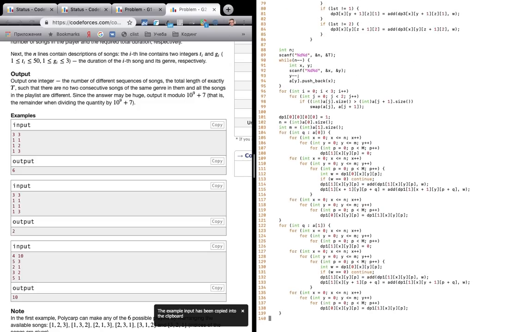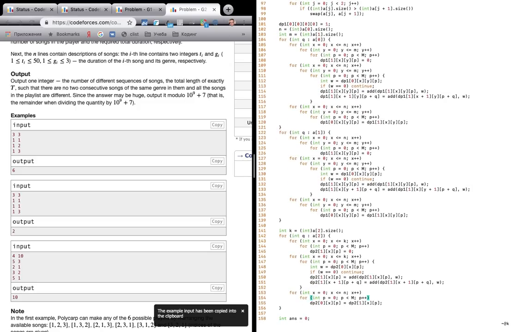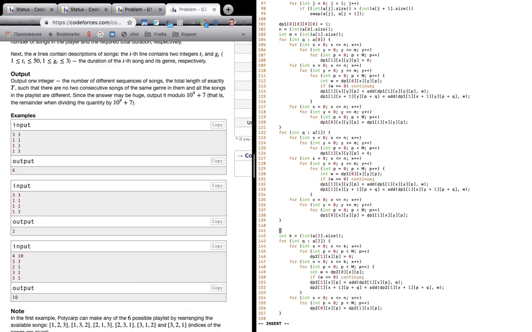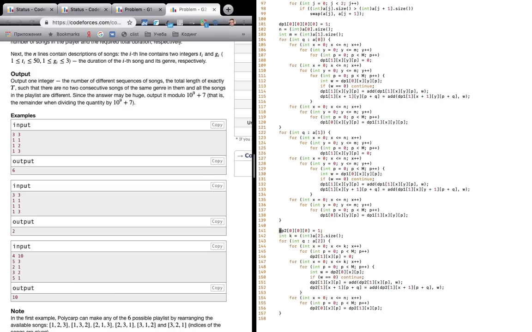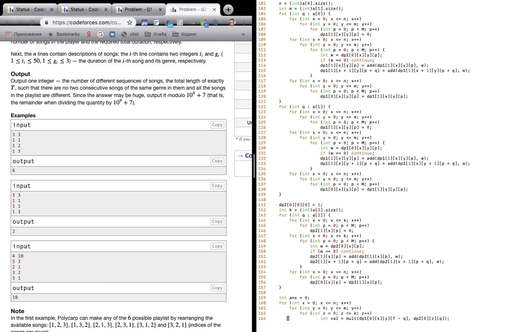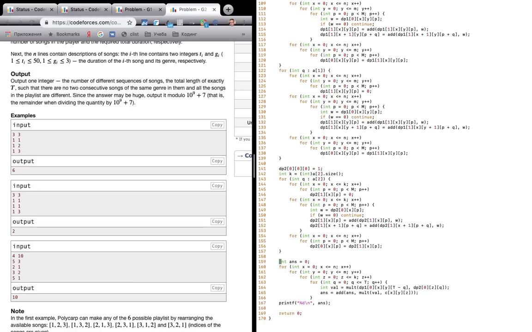I guess I didn't initialize something here. It's incorrect. Cool. Well, obviously we have to take all three songs. Well, that's interesting.